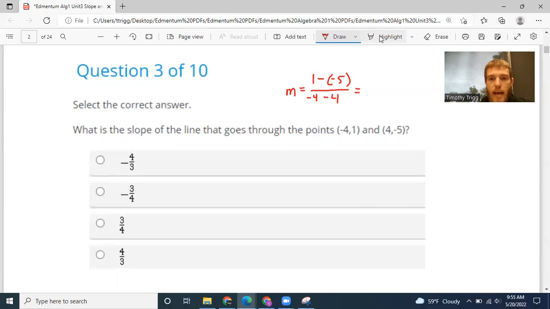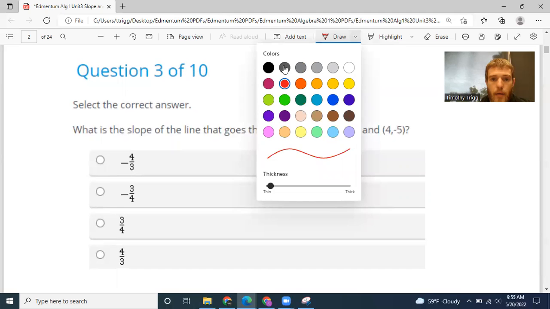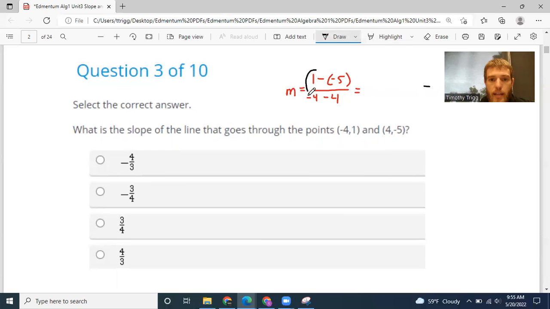But notice that the 1 and this -4 came from the same point. So whatever you decide to put first up here, you have to use from the same coordinate point and put the same thing first right there. Okay, so if you chose to put the -5 first, then you'd have to put this 4 first in the bottom. But you should get the same answer either way.